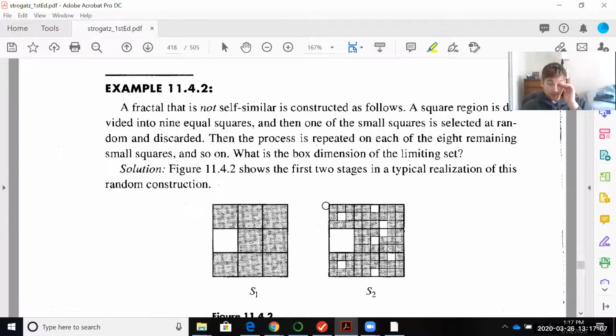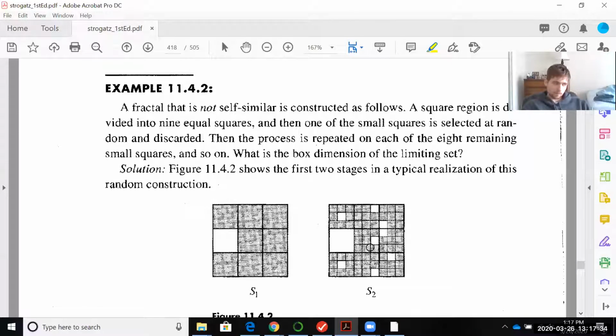I take each smaller box, using a scale of 1/3 of that. Again, I get 9 boxes, and I randomly eliminate one. In this case the center one gets eliminated, but in other cases it's different, because it's random. It could be any of those 9 that gets eliminated. Here this one is eliminated, here this one, and in this case this corner is eliminated, and so on.